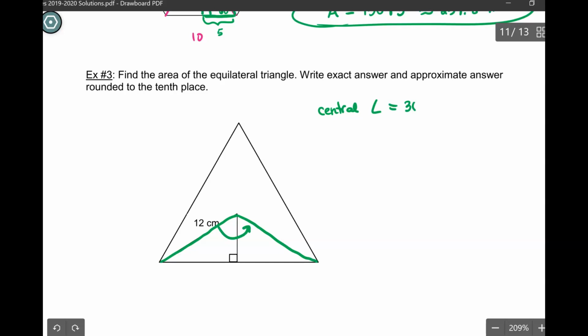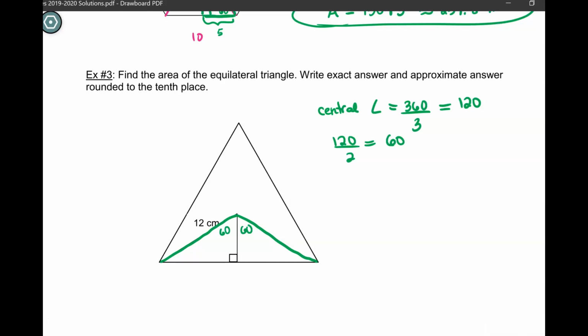So if I take 360 and divide by 3, I get 120. I want to cut that angle in half, which gives us 60. That means this is 60 degrees and this is 60 degrees. That tells me this would be our apothem. We have another 30, 60, 90 triangle.